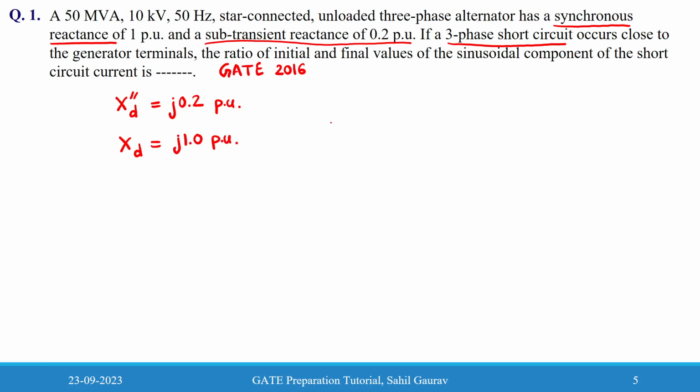So how can you write the fault current during the initial and final values?